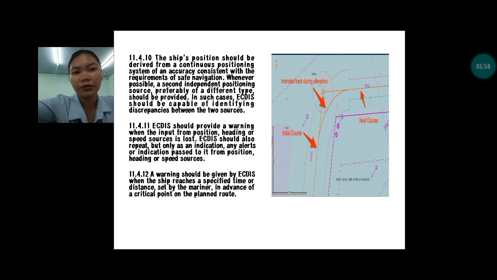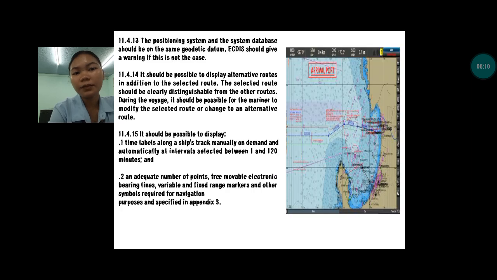In 11.4.12, a warning should be given by ECDIS when the ship reaches a specified time or distance set by the mariner in advance of a critical point on the planned route. In 11.4.13, the positioning system and the system electronic chart database should use the same geodetic datum. ECDIS should give a warning if this is not the case.